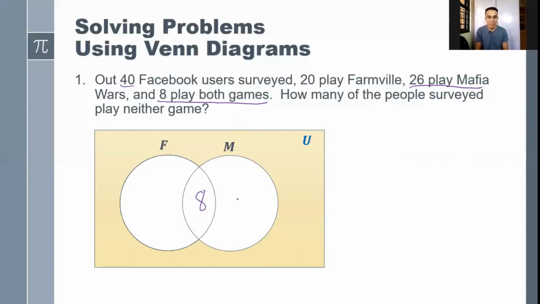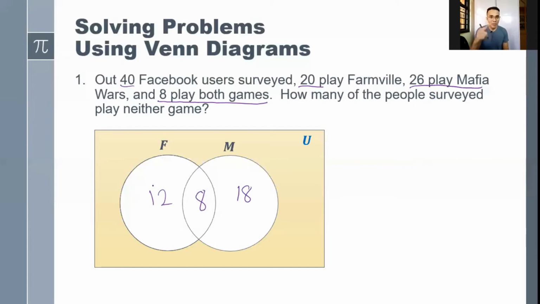So to get the remaining number of players, we have 26 minus 8, that is 18. 18 plus 8 is 26, that is the total of 26 players. And for set Farmville, we have a total of 20 players. We already have 8 here. So to get the remaining number, we have 20 minus 8, that is 12.